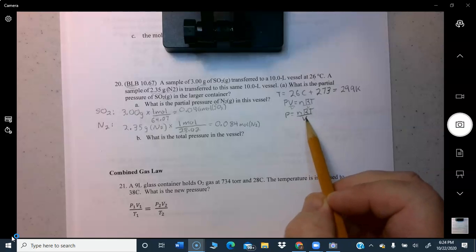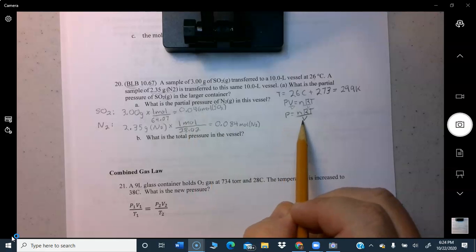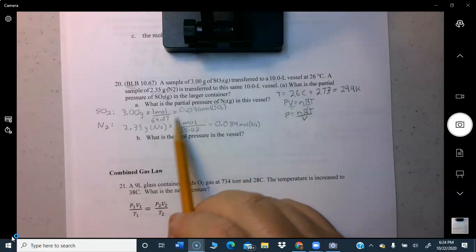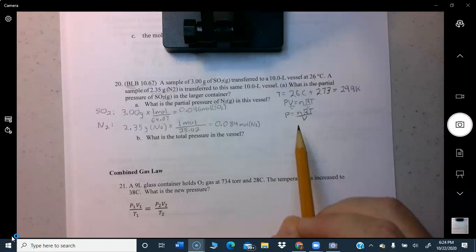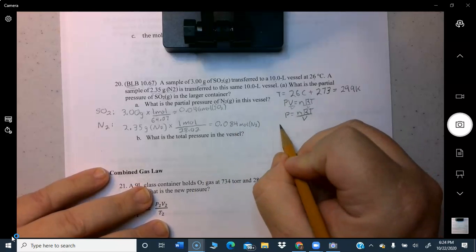The temperature is the same, volume is the same. So the number of moles of SO2, same thing, number of moles of N2, and that'll give us the partial pressure of each of those. Now they're asking for the partial pressure of N2, so let's go ahead and do that one.